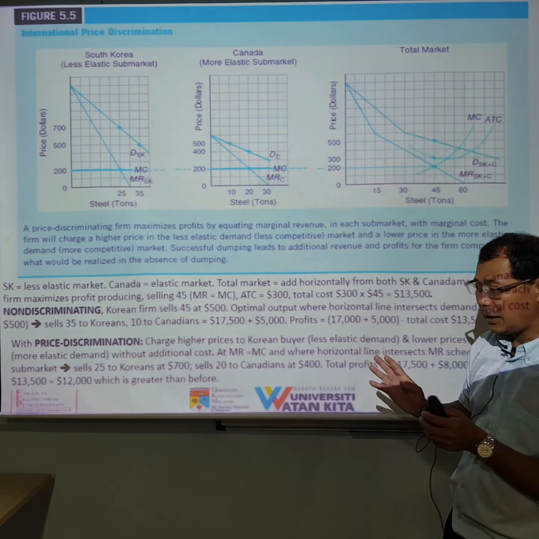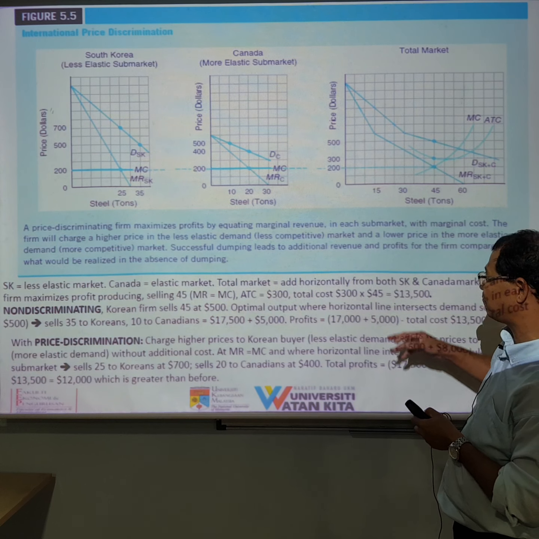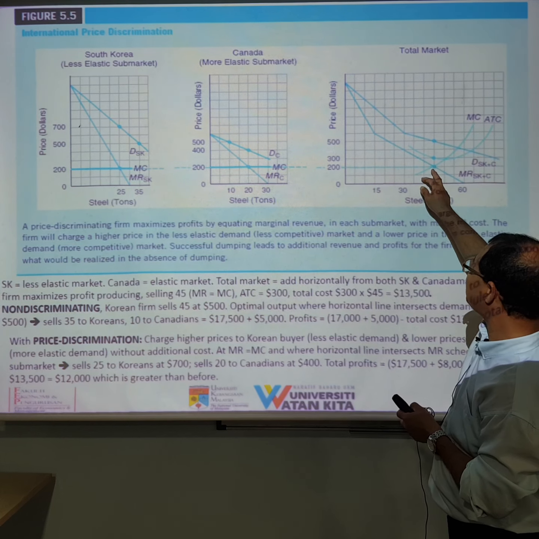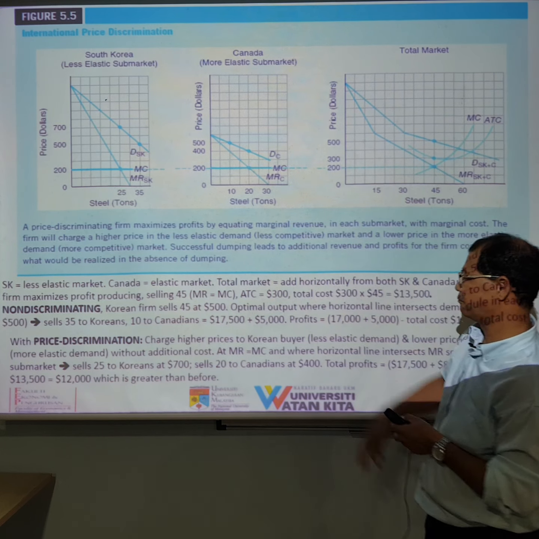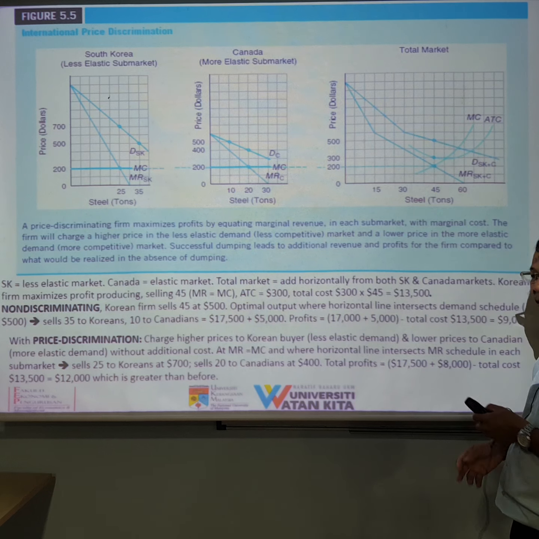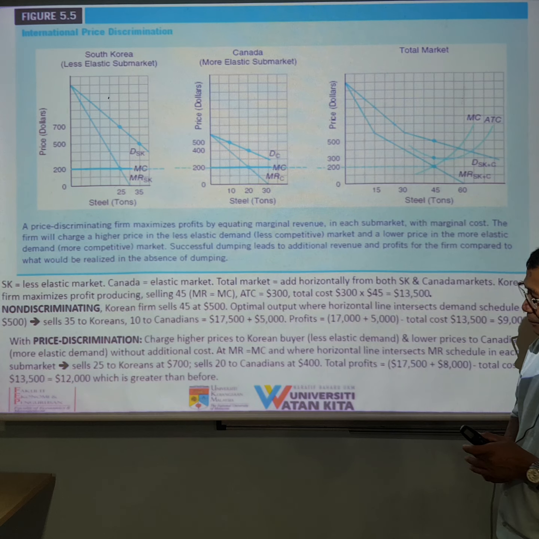With non-discrimination, the Korean firm sells 45 units at 500. The optimal output is where the horizontal line intersects the demand schedule at 500.